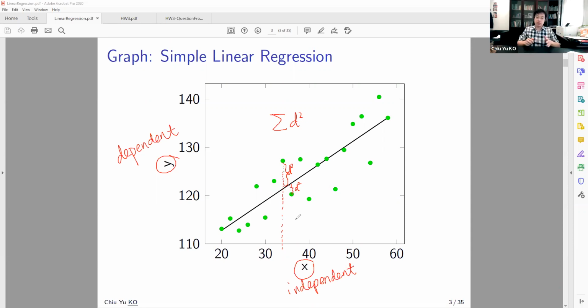X is something you can control, y is something you want to see. So the vertical distance up from the line or down from the line is something we care about, and we want to minimize that. In the lab we can control x, while y is something we can't really control that much; it is given.